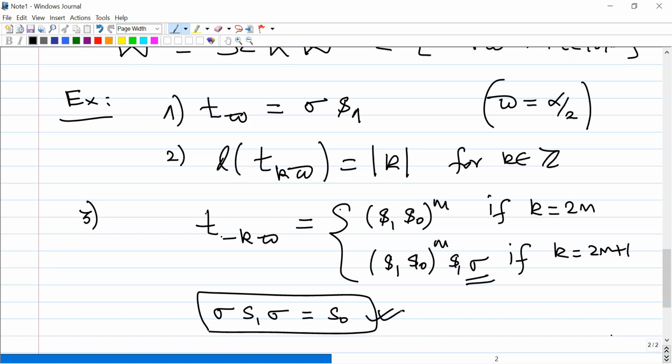It's easy to see what the length will be, because sigma has length 0, so the length is contributed only from these terms. Because these elements have a very explicit description, it's easy to write down what u mu and v mu are for a given mu. We will come to that later, but this is the explicit description of this translation in terms of generators.